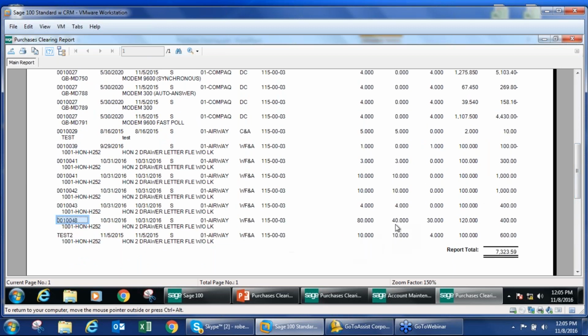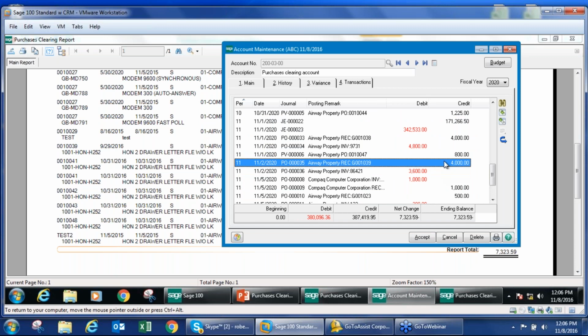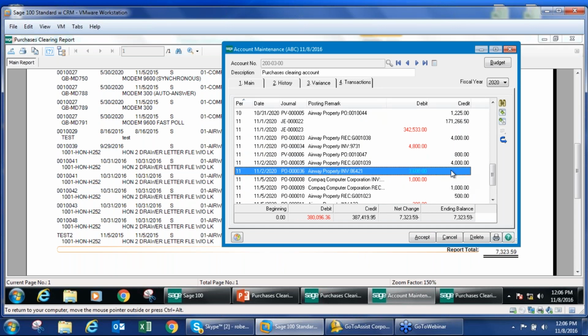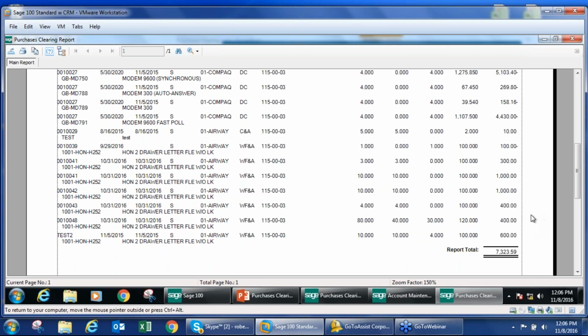and we go to our PO, we see the same 40 units received, 30 units invoiced, and even though our prices changed up to $120, our purchases clearing amount is $400, which ties to our GL. So very important.